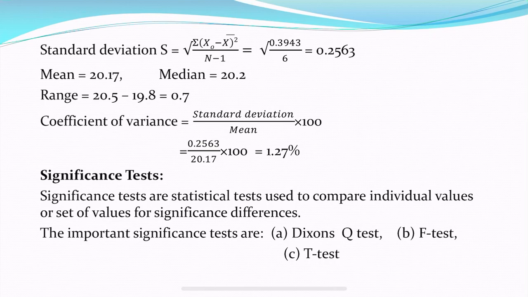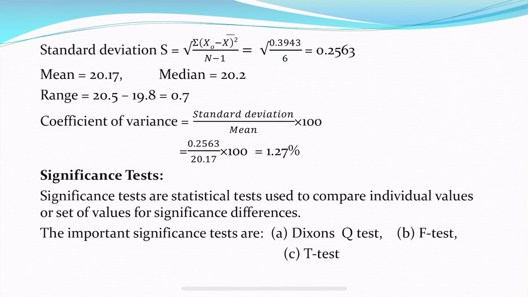That one example was enough for us to understand what is meant by mean, mean deviation, and standard deviation, and how to calculate standard deviation. We also calculated median and range, and after finding all these values, we calculated the coefficient of variance.